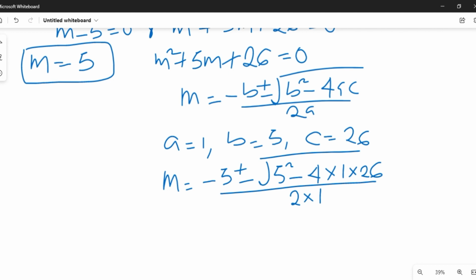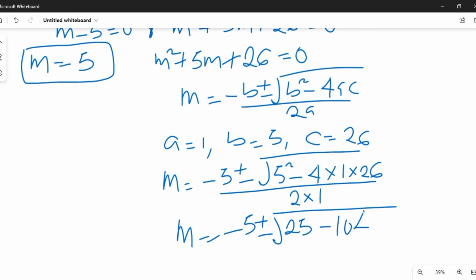We are going to have m equal to minus 5 plus or minus the square root of 5 squared, which will give us 25, minus 4 times 1 times 26. 26 times 4 will give us 104, and that will be all over 2.